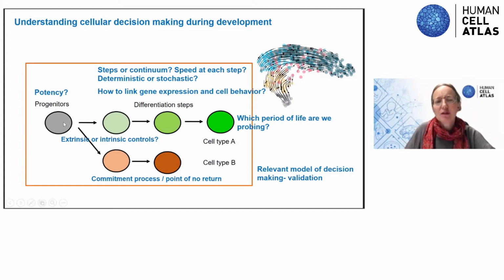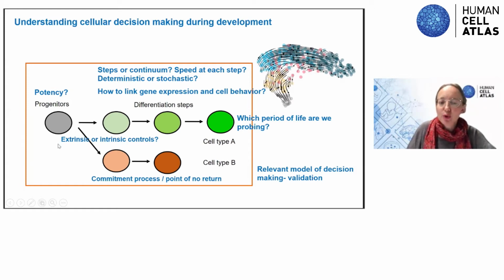A traditional question in biology is, in this decision making, how much does the starting cell know and rely on its intrinsic controls that will be deployed, and how much does it rely on signals from the environment, which are extrinsic? To address this question, we need information about what these extrinsic signals are, what the neighbors of the cells are, how many of them there are, how far they are, and what they are secreting.